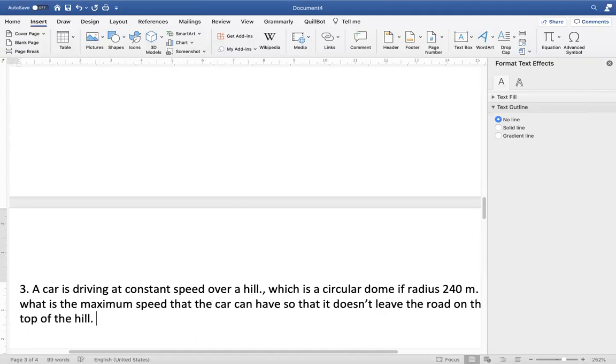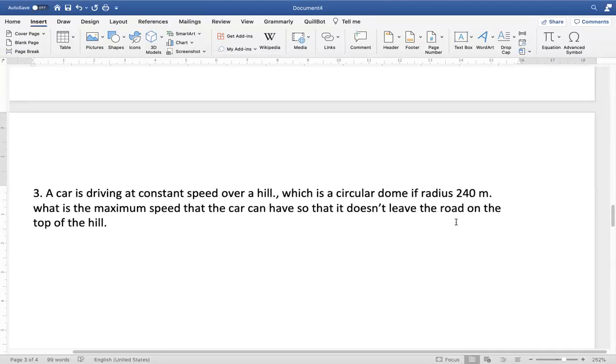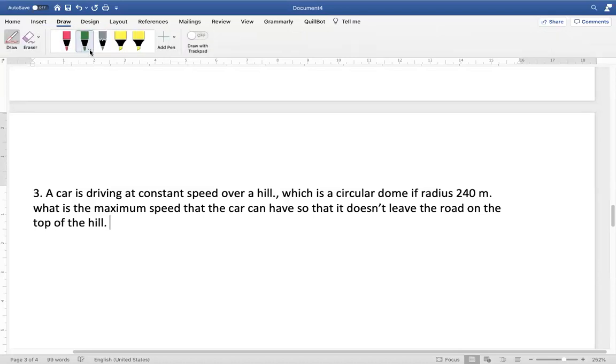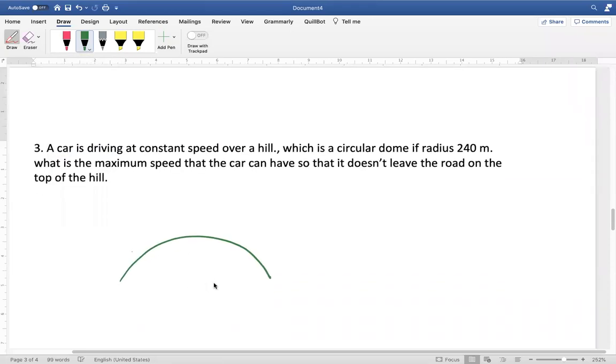Okay, so how do we answer questions like this one? Let's draw the diagram first to understand what the question is asking us. So it's on a hill, a circular dome, which means that we have centripetal acceleration. It's about circular.